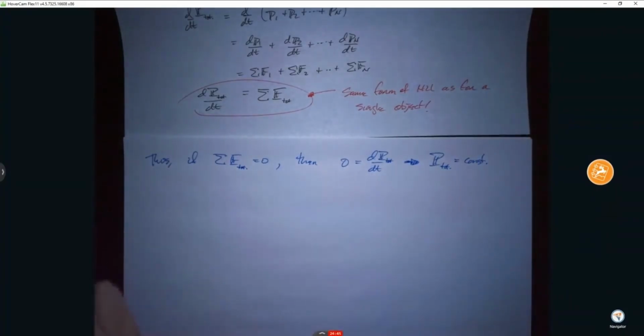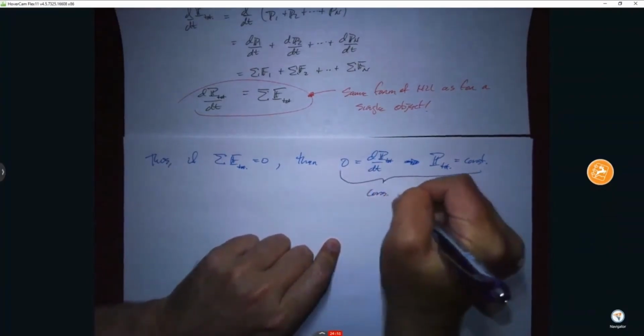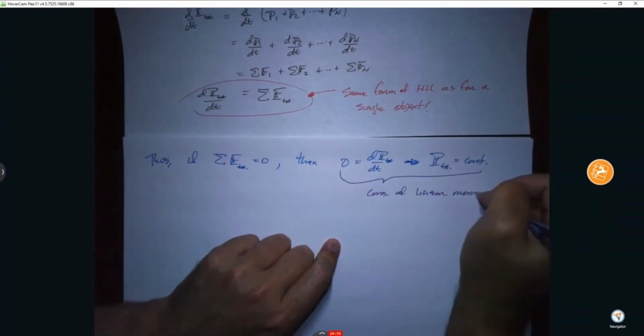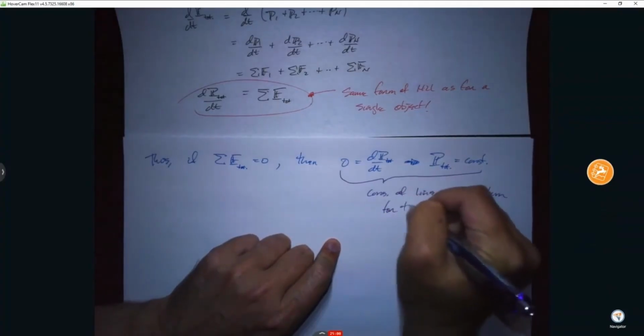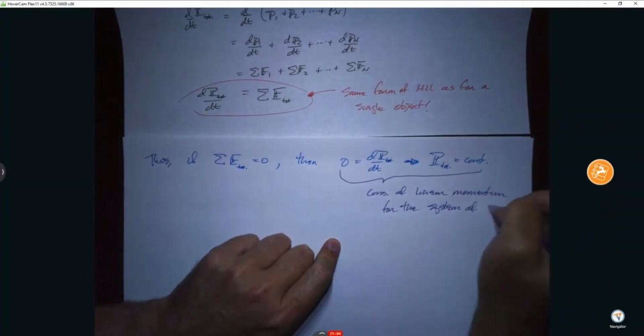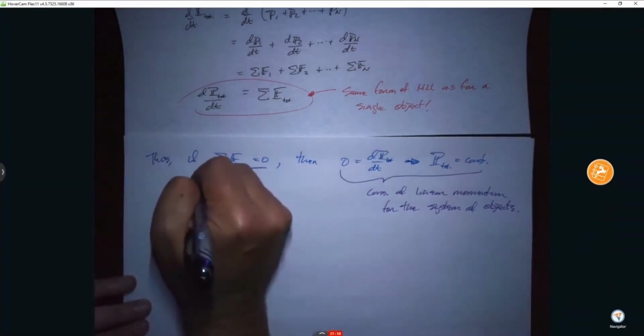Again, we have conservation of linear momentum for the system, and again, this is our condition.